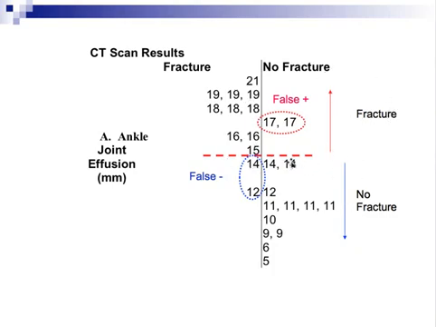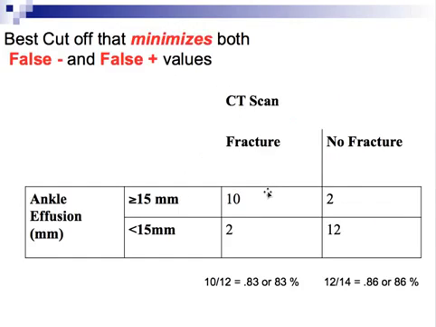Now, if we were to do that, it would mean we had 2 false negatives here, and then 2 false positives here. So that seems pretty good. Out of the people, we only have 2 in each. Okay, and so this would be our contingency table for that situation. We basically chose the best cutoff that minimizes both the false negatives and false positives.